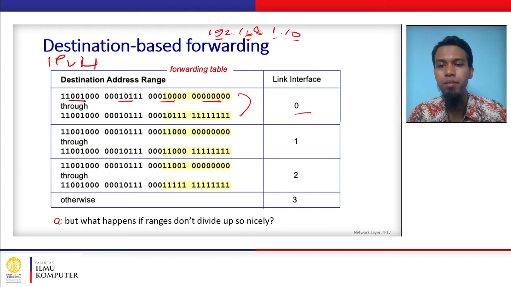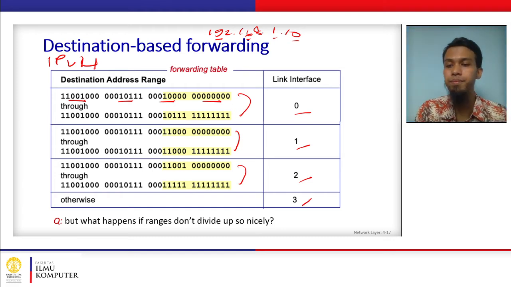If we receive another IP address within this range, then we forward to interface number 1. If we receive another IP address within this range, we forward to port number 2, and otherwise we forward to port number 3.